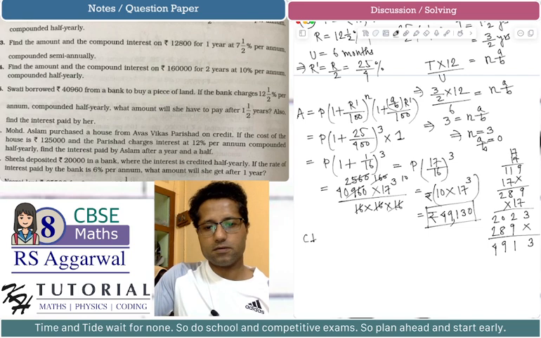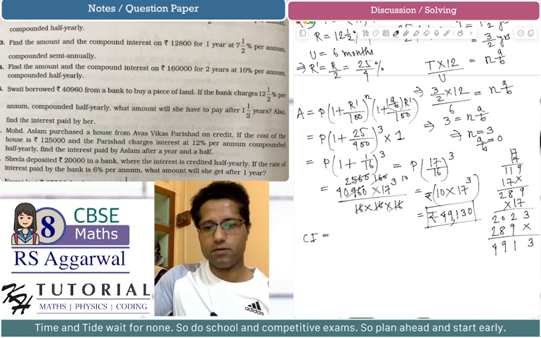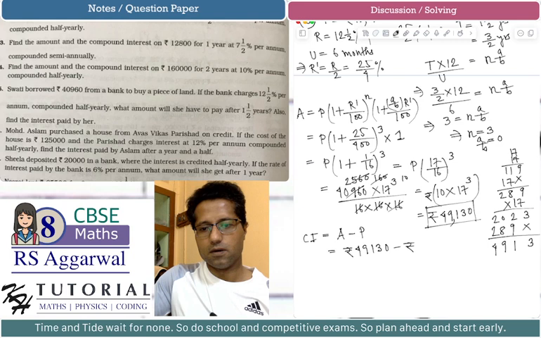Compound interest, and it is asking also to find the interest paid by her, that is the compound interest, which will be A minus P, which is equal to rupees 49,130 minus rupees 40,960.